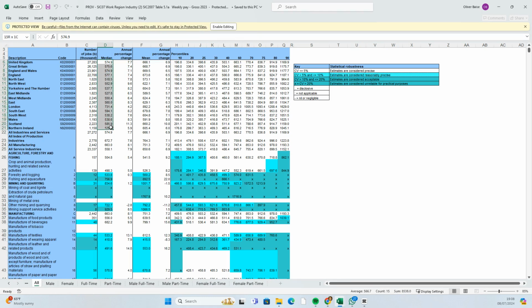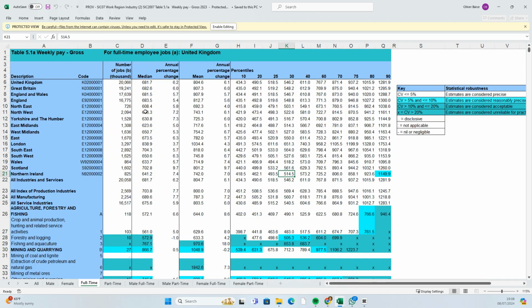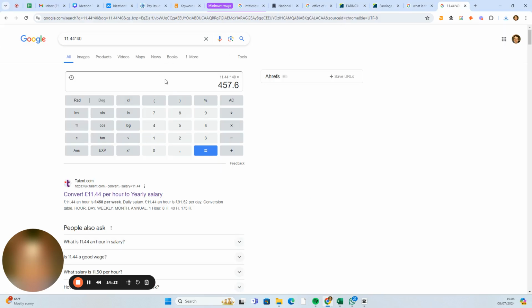And again, you have median earnings by region. And then it breaks it down: male, female, full-time, part-time. So again, if any of these are lower than this number, then we've got a story.